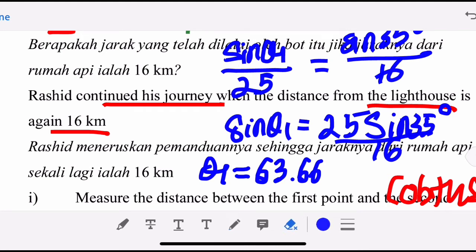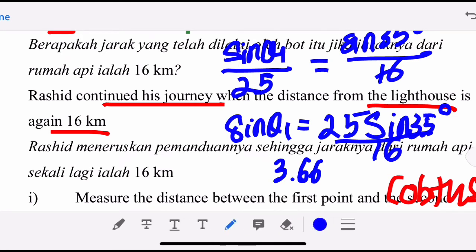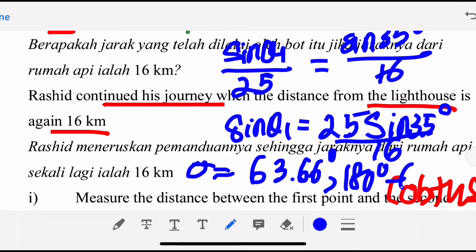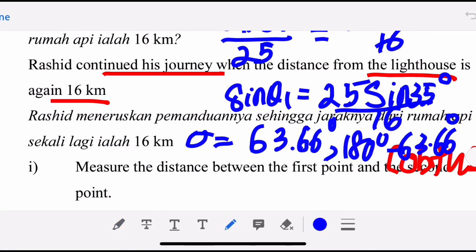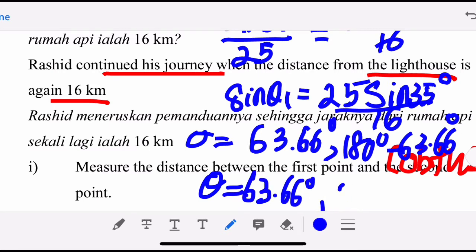In fact, this is not your theta 1, this is just the first theta. 63.66 degree, and the other one is obtuse. So you take 180 degree minus 63.66 degree. So you have 63.66 degree and 116.34 degree, right?